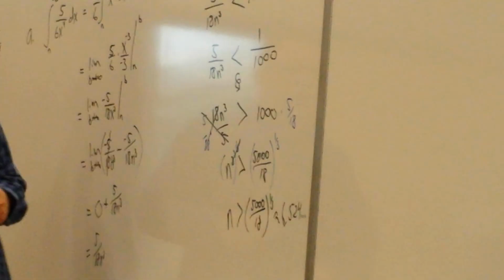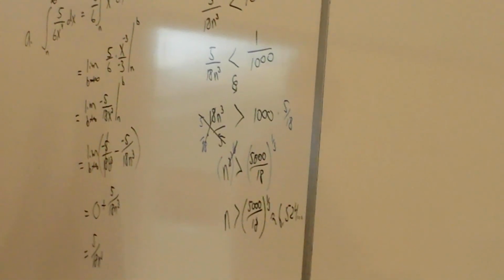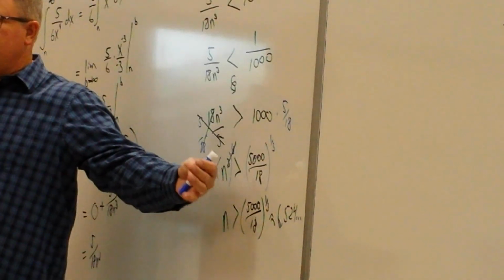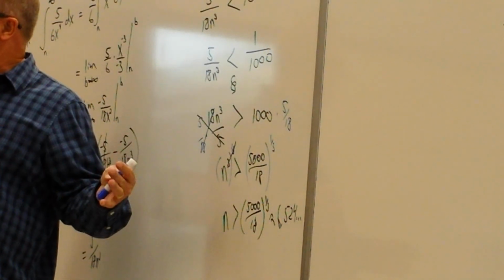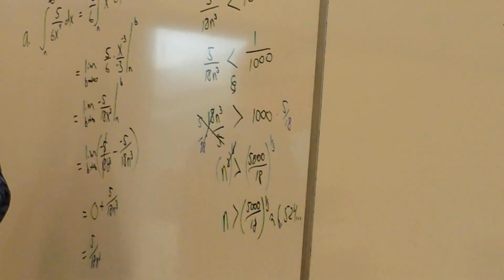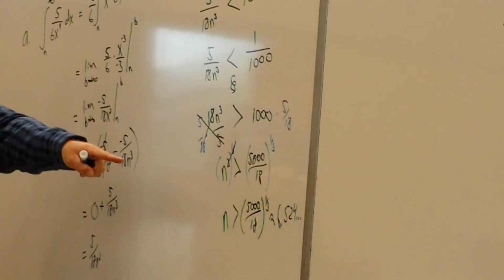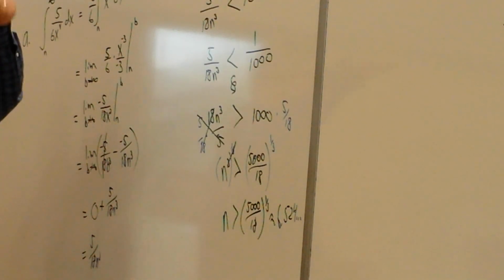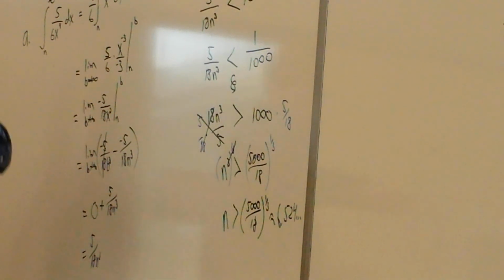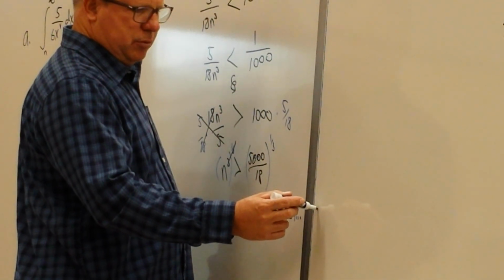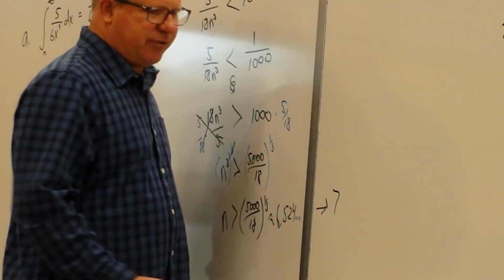Okay? We cannot take a partial term. And we can never round down, because rounding down would reduce our accuracy. So no matter what it is, we always round up. If you got 6.001, you would round it up to 7. Does that make sense? So this is going to give us 7 after rounding.